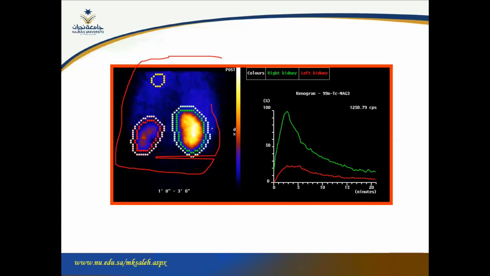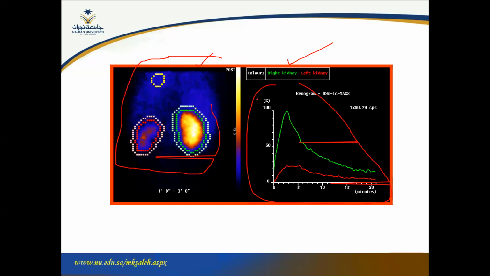And the benefit of nuclear medicine is that not only do we get an image of a kidney, okay, but we can also get a curve like this one on the right side, and from this curve we can describe the function of the kidney.